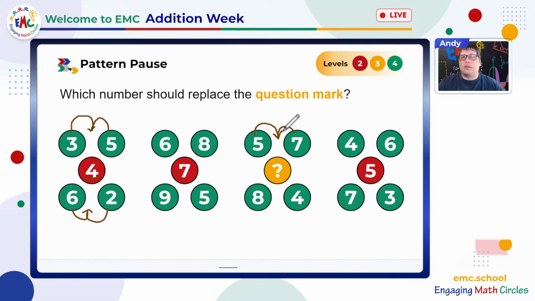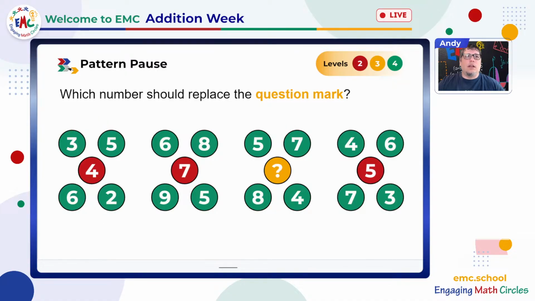Or of 8 and 4? If you're here in chat, let me know with an answer. Awesome job. If you got 6, that is our correct answer.